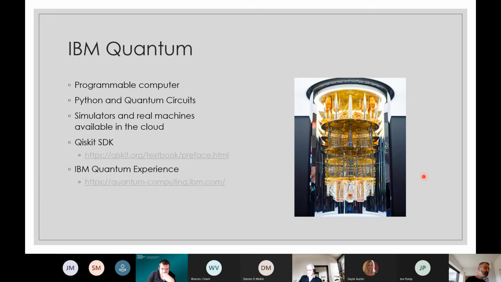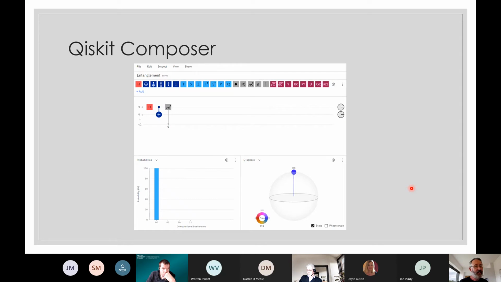That's one type of computer, and it's not a universal computer. And then you have, as an example of the other, the IBM Quantum computer, and a picture here of it. And all of this is its cooling system, and your qubits are down here. That is programmable through these circuits that I've been talking about before. So this is something you can construct a circuit for and actually run it on their computer. So they have a free SDK and system for doing this called Qiskit.